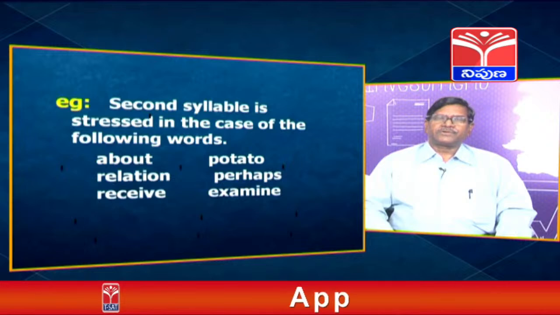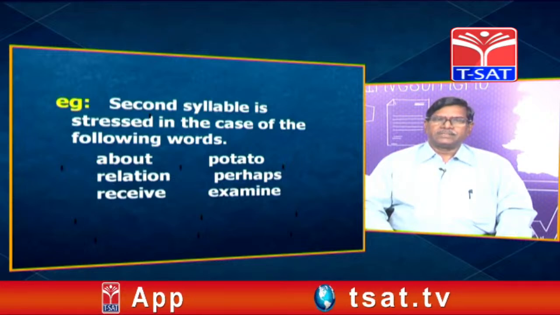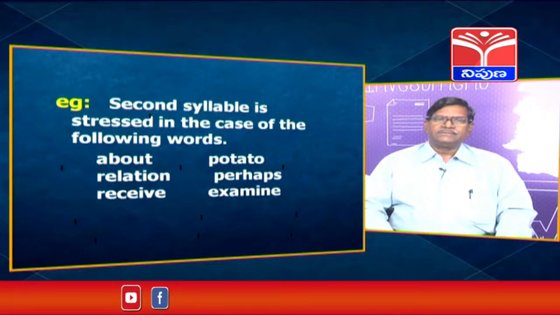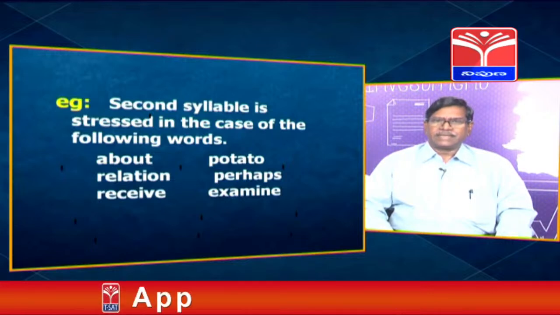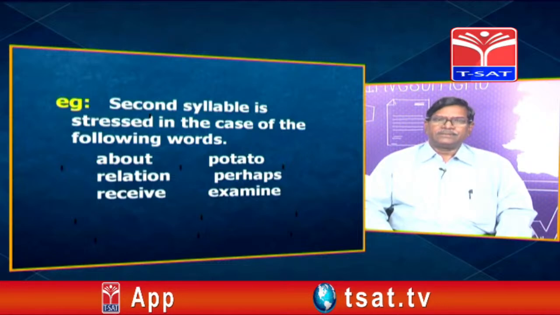And the second syllable is stressed in the case of these words: about. That is why the initial sound is very weak, about. Potato, not potato, potato. The second syllable gains stress.